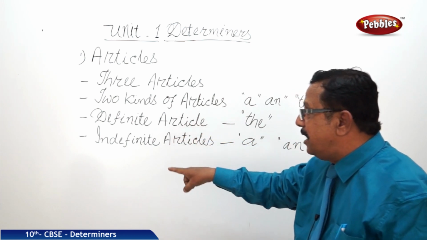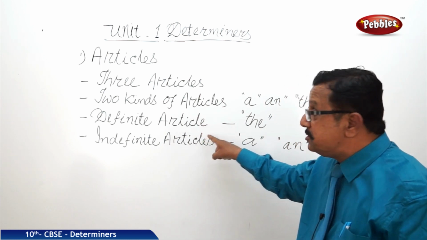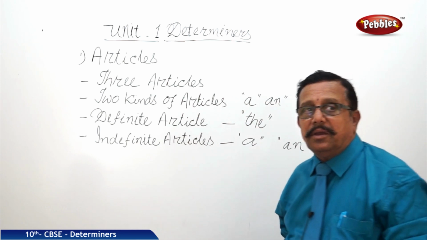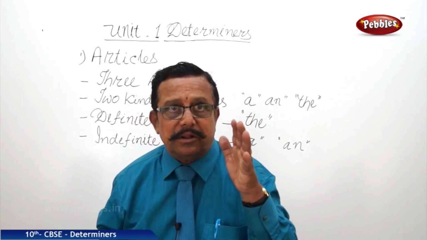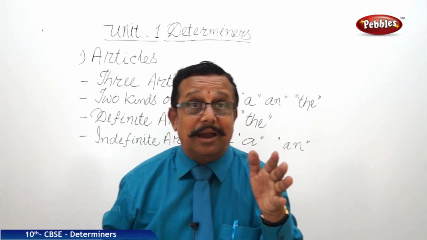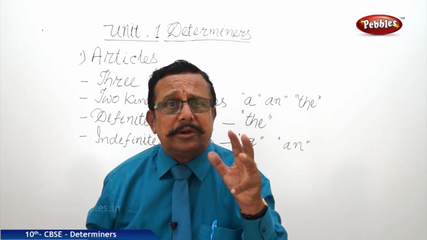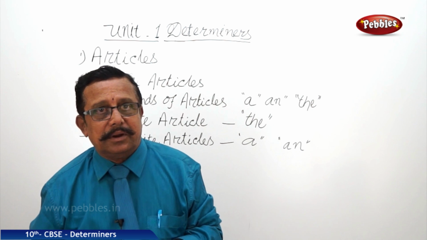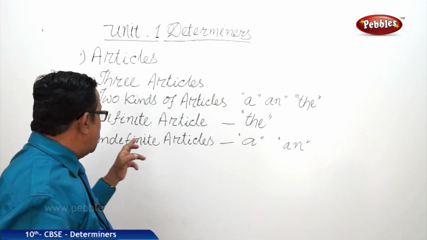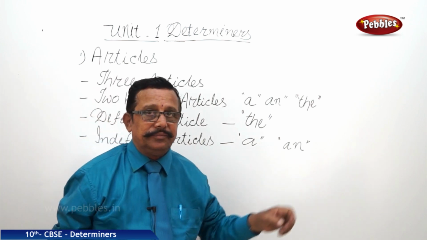Definite articles and indefinite articles. What is the definite article? The. When we use the word the, article the or adjective the, it shows in particular that which we know. And second, we have indefinite a and an.